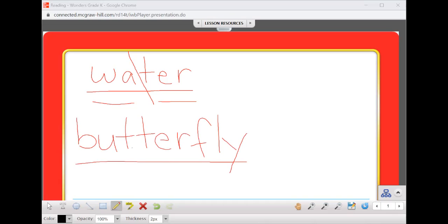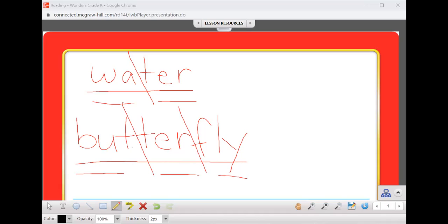Butterfly. Let's do it one more time. Butterfly. How many claps did you hear? Butterfly. 3. So we can break butterfly. Butterfly. So there is 3 syllables in butterfly.